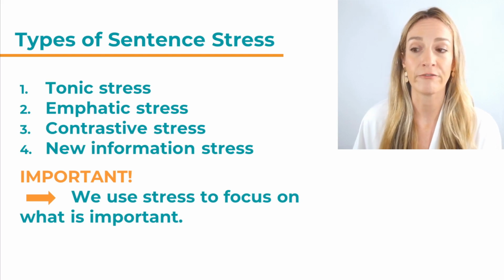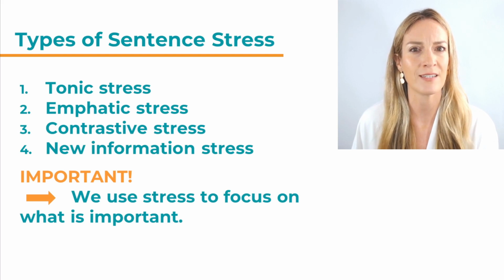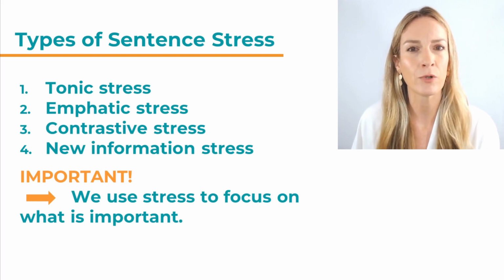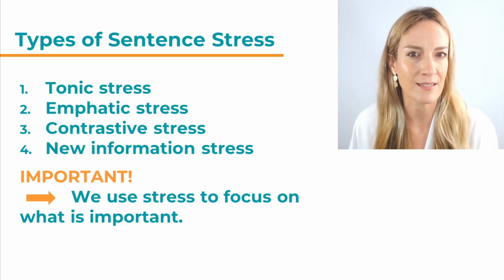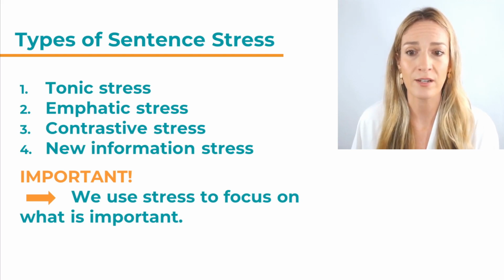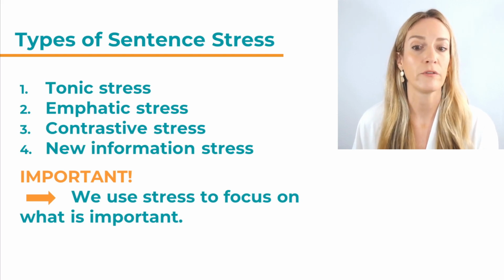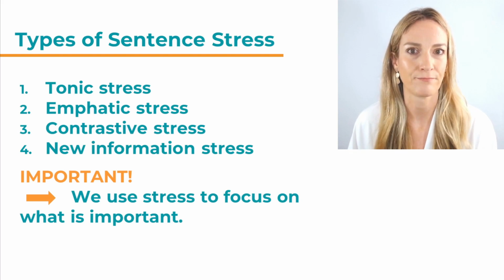We use it to focus our listener's attention on the important part of the sentence, the part that we want to send a specific message. And this is really true for all of those. It doesn't matter if it's tonic, emphatic, contrastive, or new information stress. For all of those, we use our sentence stress to focus our listener's attention.